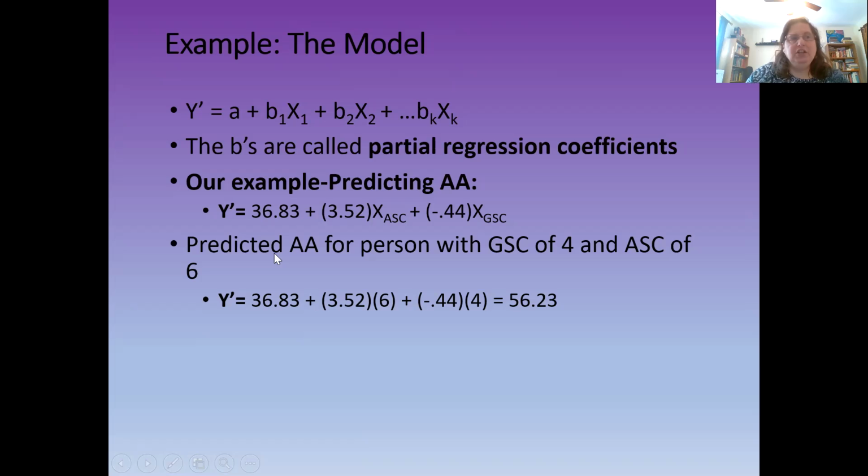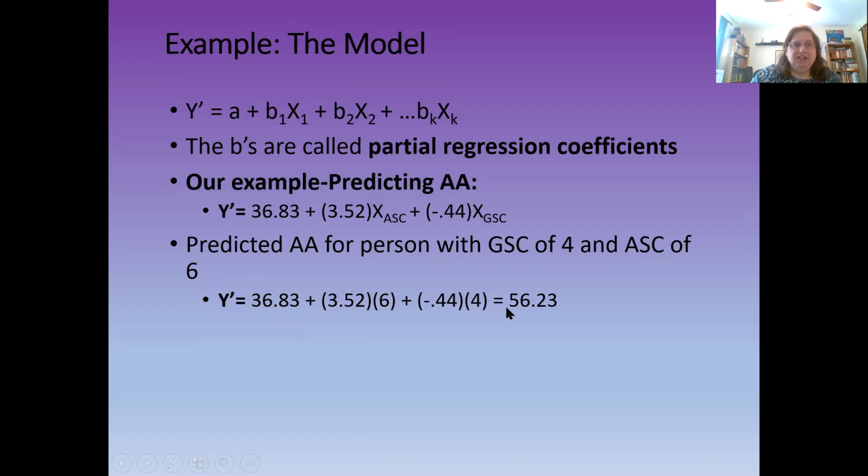So if we wanted to get a predicted academic achievement for a person with a general self-concept of 4 and an academic self-concept of 6, we would take our predicted Y equals 36.83, our intercept, plus our slope, 3.52 times 6 for ASC, plus a negative 0.44 slope times 4 for GSC.